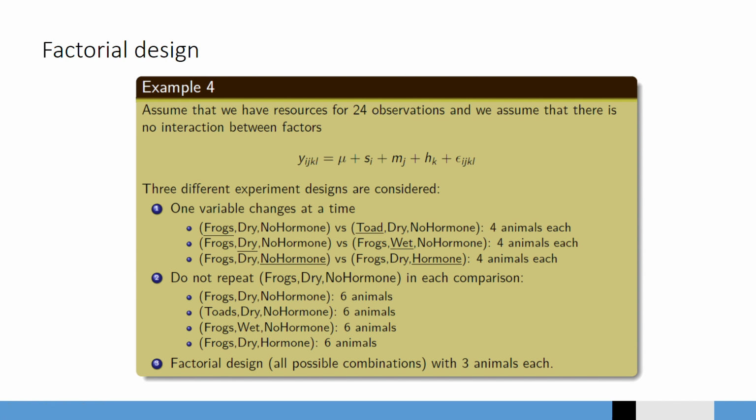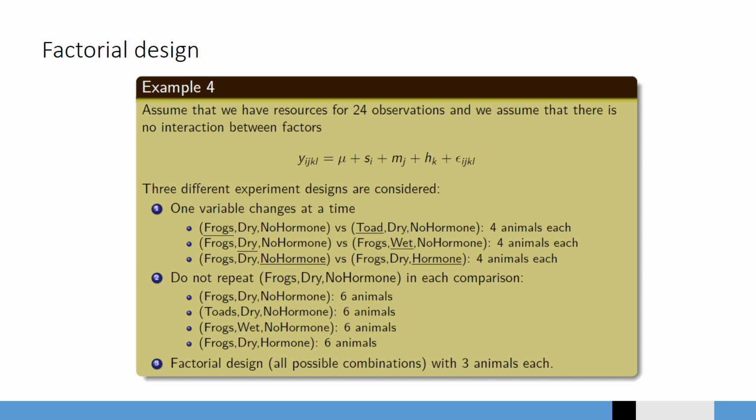So in the factorial design, you have 3 different factors: the species, the dry wet factor, and the hormone no hormone. And for each one of them, you have 2 levels. So you have frogs or toads, you have dry or wet, and you have hormone or no hormone. So that makes 8 combinations in total.